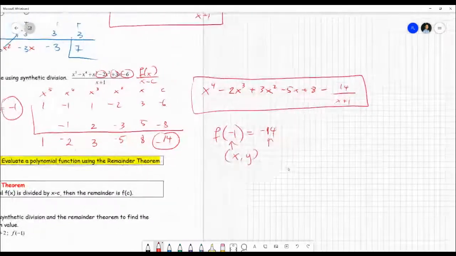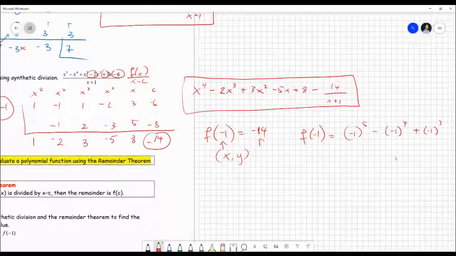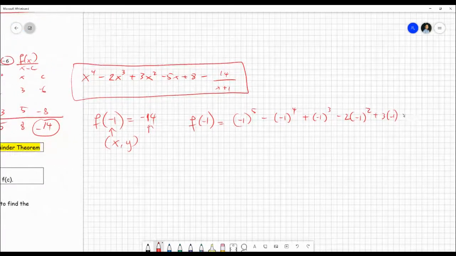So let's prove this. So if I take f of -1, I'm going to plug it into my function here. -1 to the fifth minus -1 to the fourth plus -1 to the third minus 2 times -1 squared plus 3 times -1 minus 6.